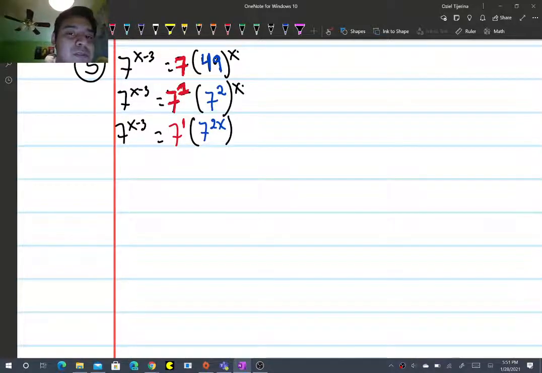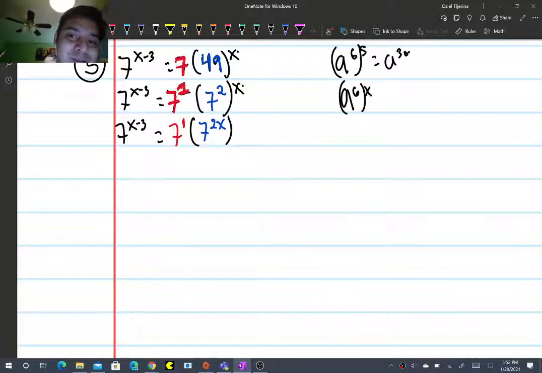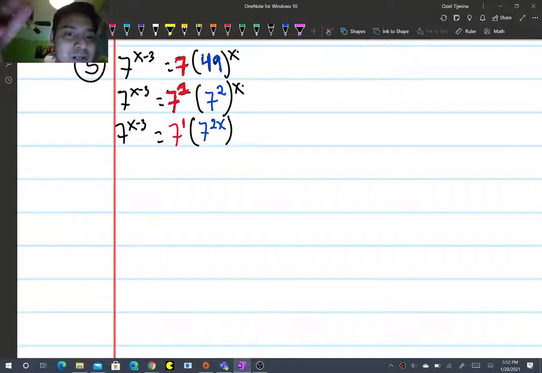Because anytime you have a to the 3 times x, it's literally the same thing as with laws of exponents. When I said a to the 6th to the 5th, that's a to the 30th. So a to the 6th to the x power will be a to the 6x power. That's exactly what I'm doing here.